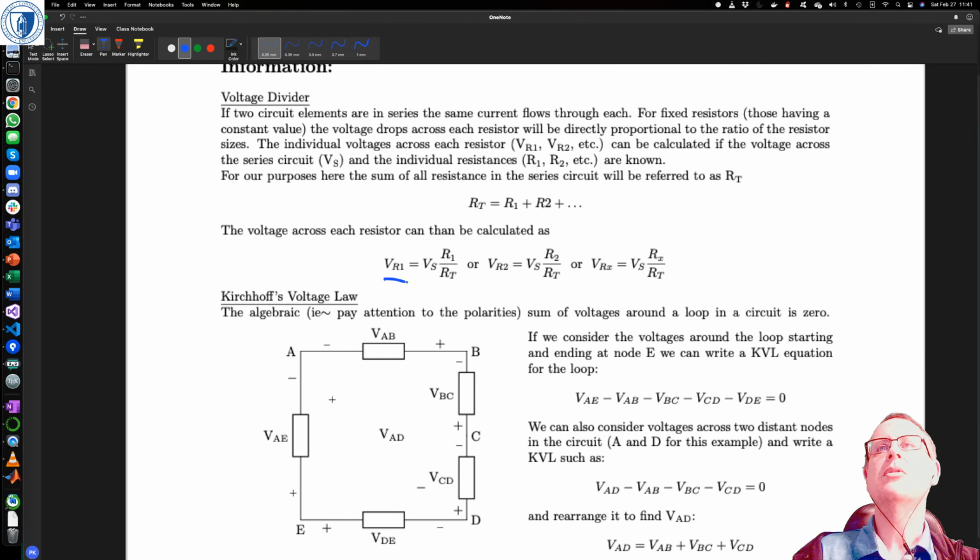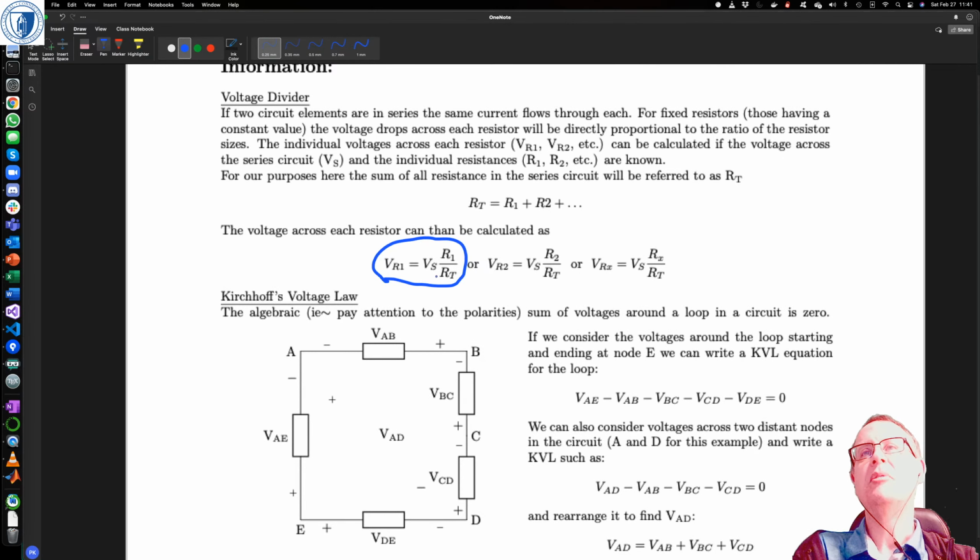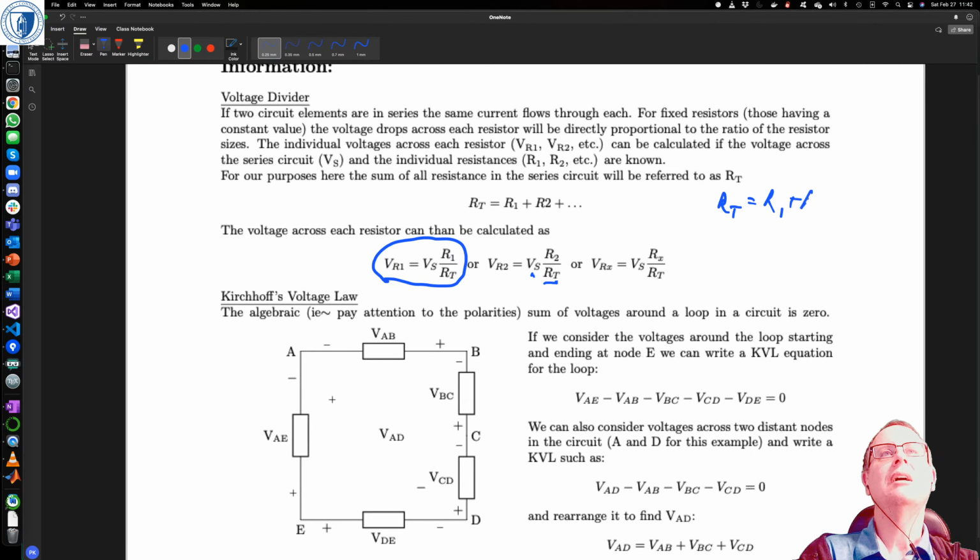Right, the voltage drop across R1 is just R1 divided by the sum of all the resistors in series, times Vs. The voltage drop across R2 is just R2 divided by the total resistance times Vs, all the way down to the last resistor, call it Rx, divided by total resistance. So RT is just R1 plus R2 plus all the way down to Rx.